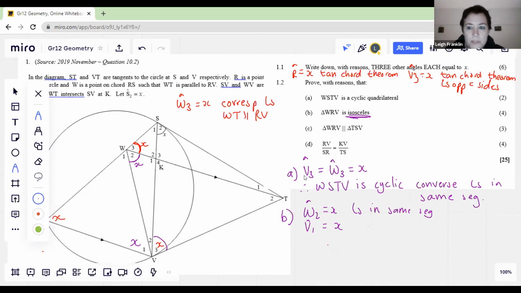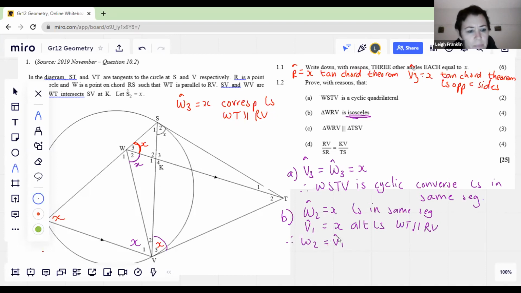V1 equals X, alternate angles. And that is because WT is parallel to RV. So what this means is that angle W2 equals angle V1.